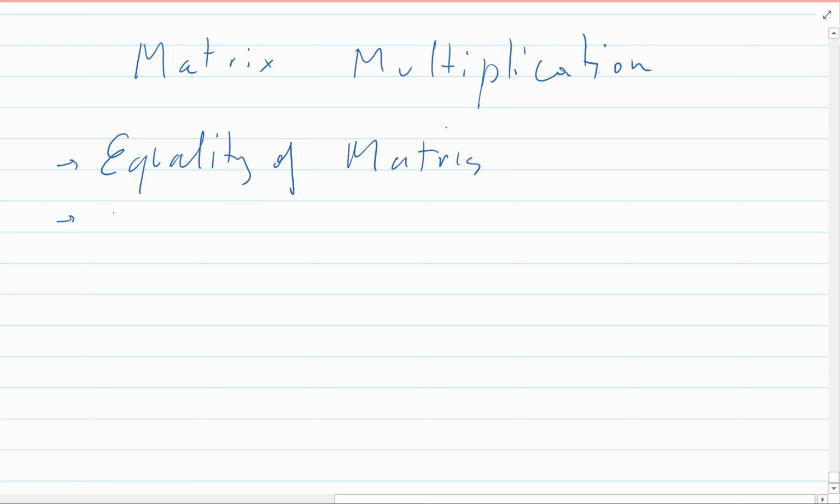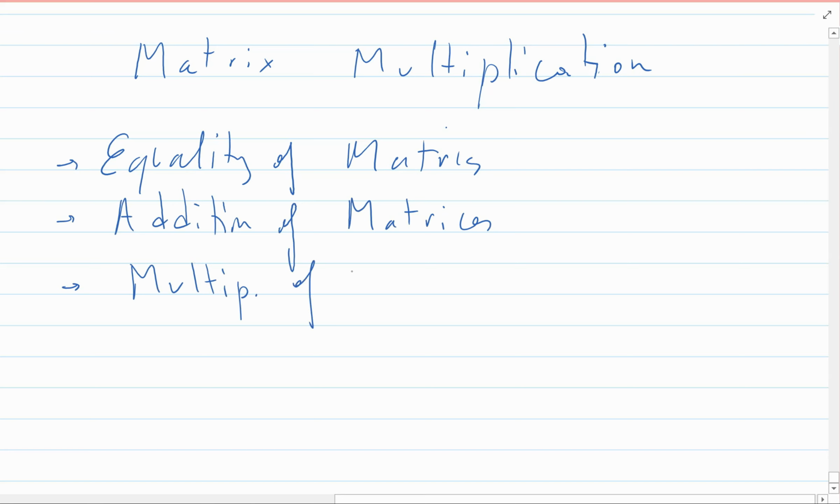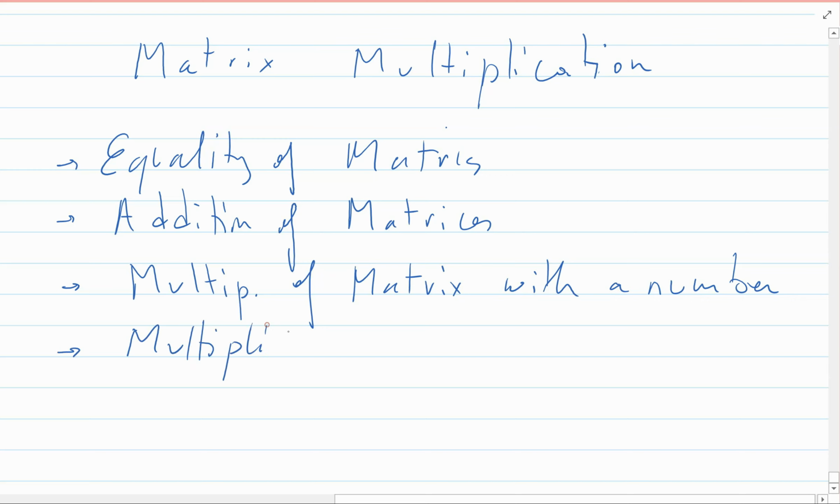We talked about addition of matrices and multiplication of a matrix with a number. So what's missing, naturally, is multiplication of matrices.